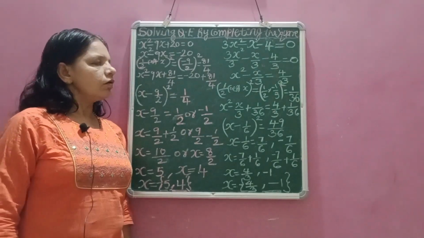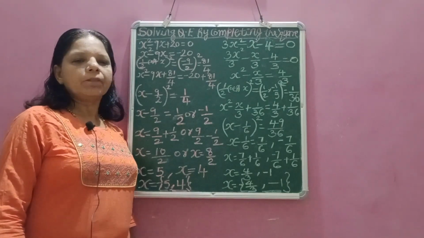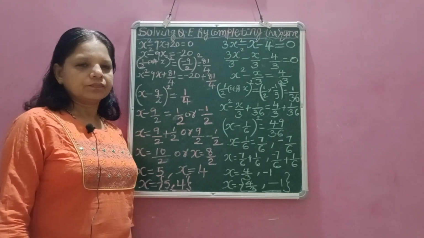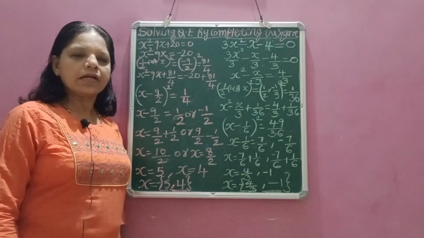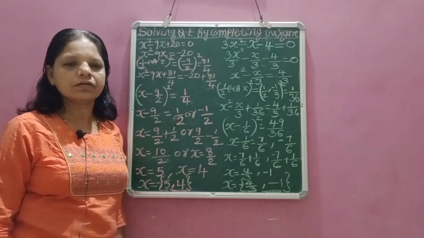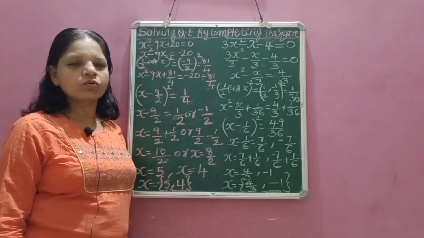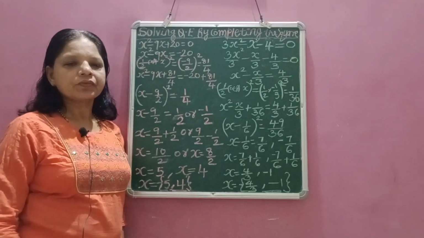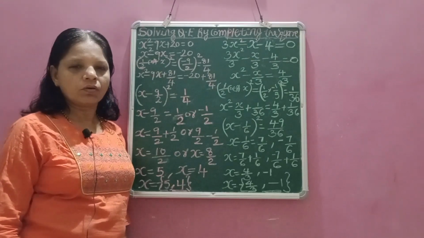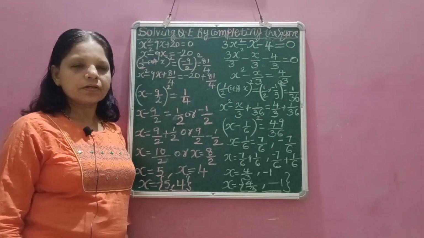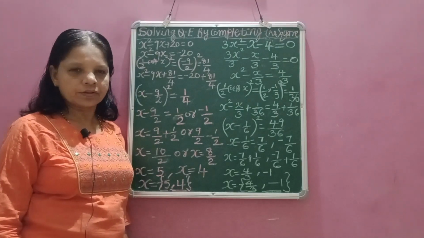Here we will see how it is to be done by completing the square. Here we are making the LHS of the equation a perfect square in the form of a square minus 2ab plus b square or a square plus 2ab plus b square.